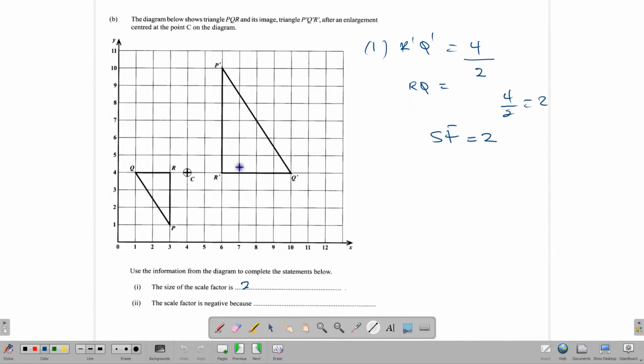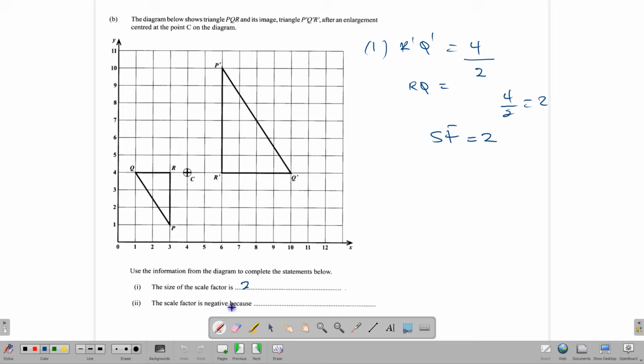Now, let's get back to our question. Notice that it says PQR and its image P prime Q prime R prime. This is the center, and the image is on the other side of the center. So because it is on the other side of the center, the scale factor has to be negative, and that is what you would write here.